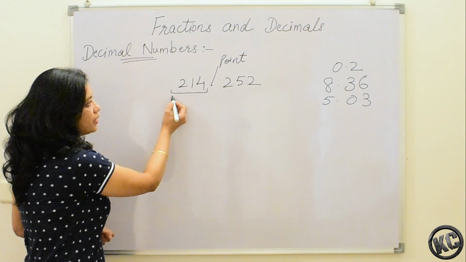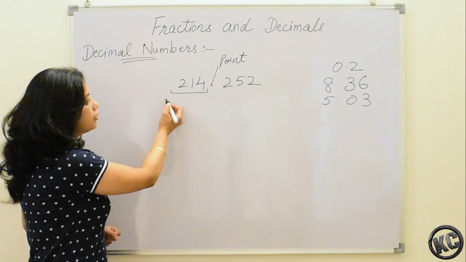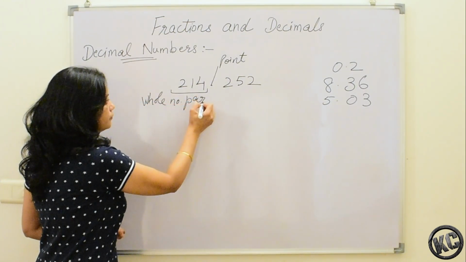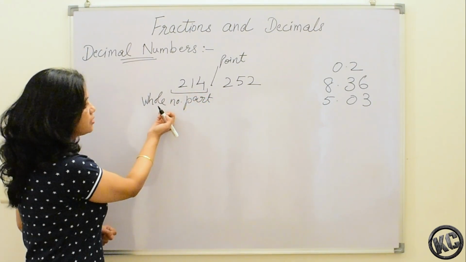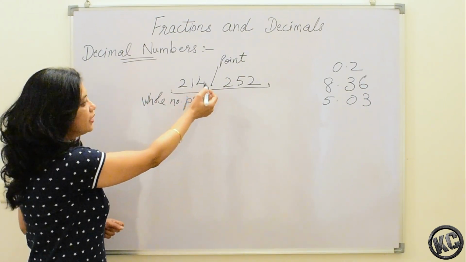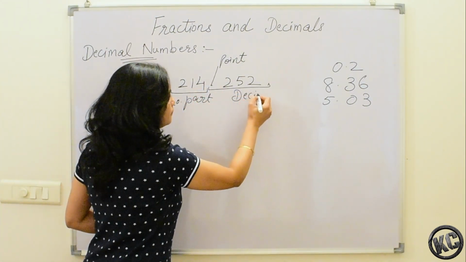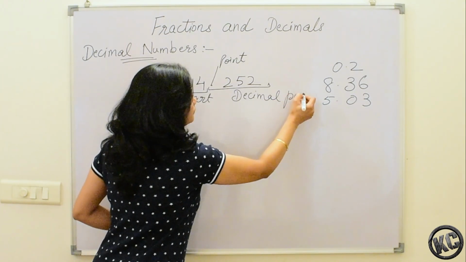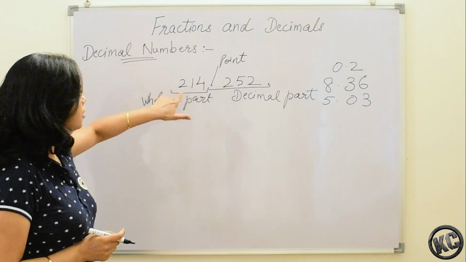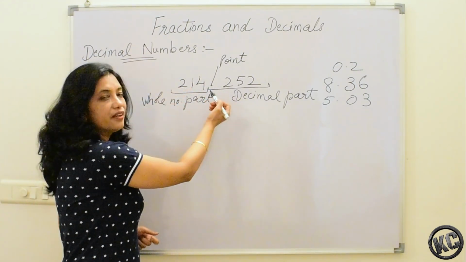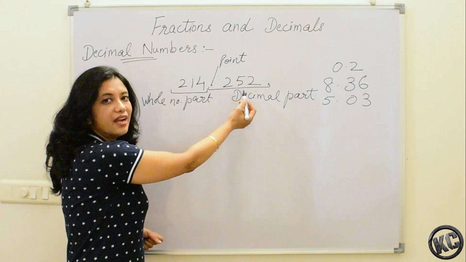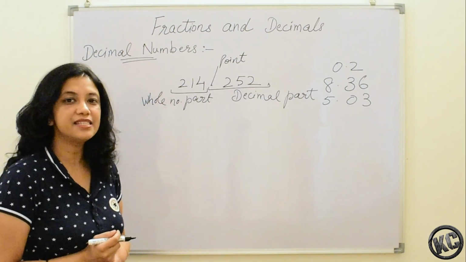The number before the point, to the left side of the point, is the whole number part. 214 is the whole number part, and the portion to the right side of the point, including the point, is called the decimal part.